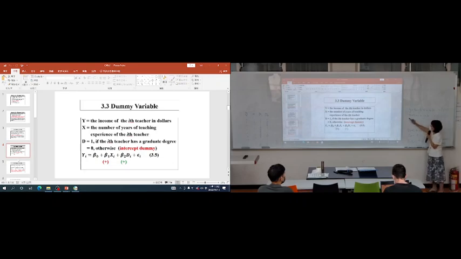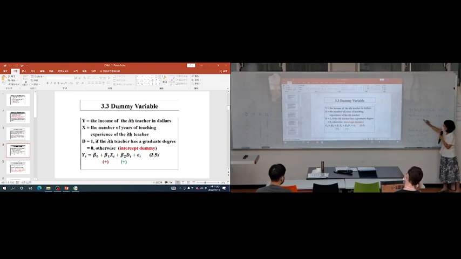Okay, if D1 equals 1, let me put the parenthesis. We define D1 as the PhD degree, right? So I just show the PhD here. Then y will be what? This is 1, this is 0.